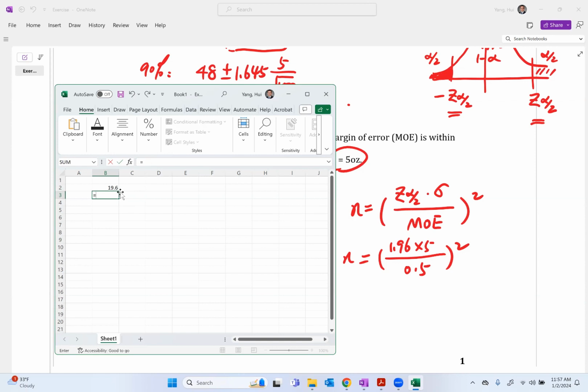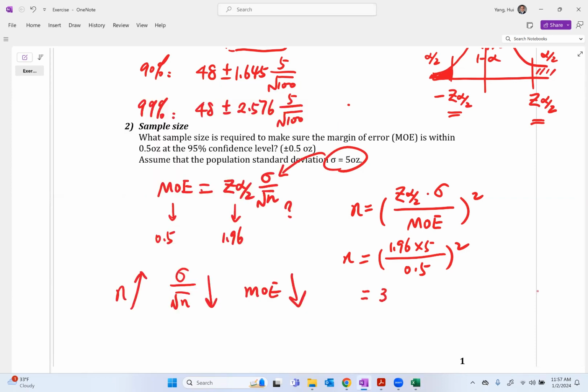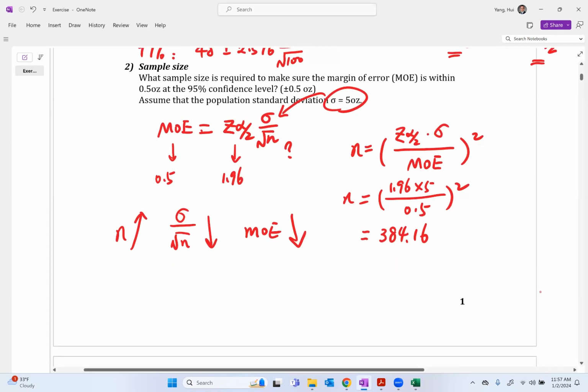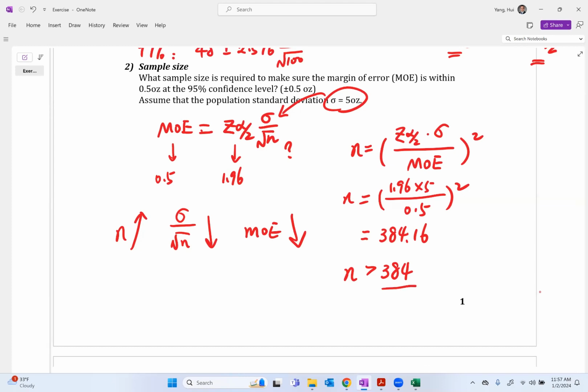Then let's square this value, power 2. This will be 384.16. So n should be greater than 384. Because we need integers, n will be at least 385.